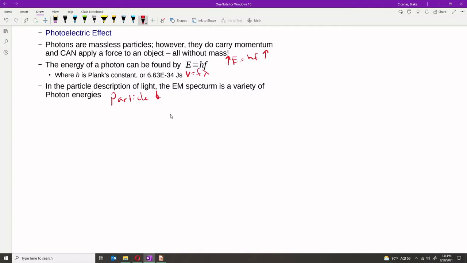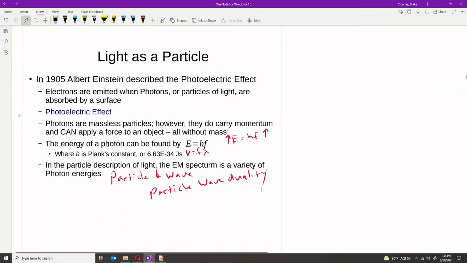In fact, a lot of things are like this. Every wave is a particle, and every particle has a wave. So, particle-wave duality.